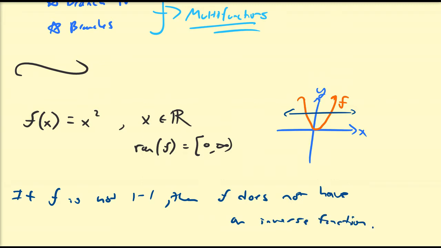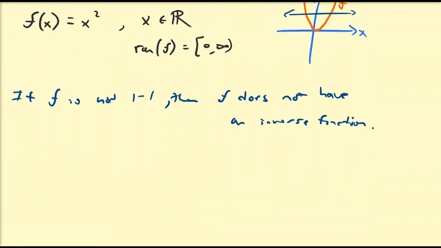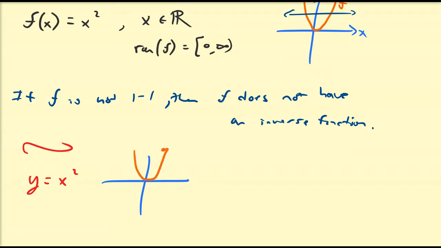Now, even though this curve f of x does not have an inverse function, it does have an inverse image, right? So if we define y to be equal to x squared, which is a relation, assuming we're allowing x to be in R, then this relation has this particular graph.